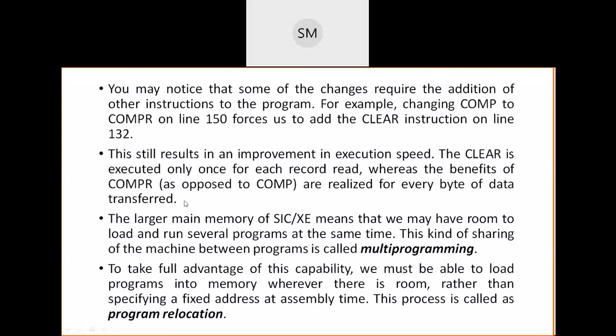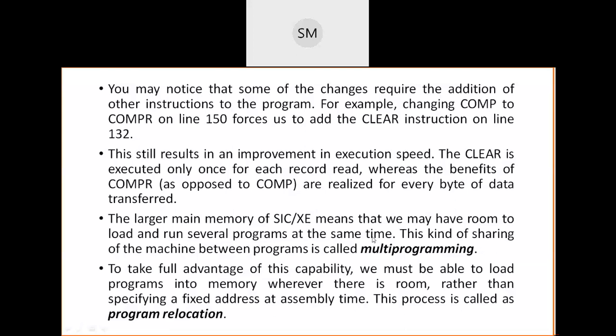The benefit of this COMPR is realized for every byte of the data transferred. The larger main memory of SICXC means that we have sufficient room or memory to load and run many other programs at the same time. It is not compulsory that at a time I have to load and run a single program.